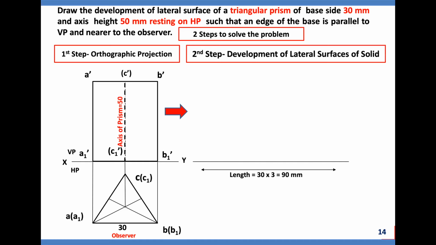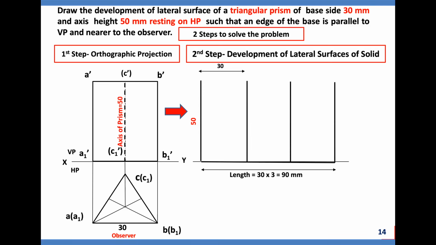We'll take the help of XY, draw a line. Here, side size is 30, the triangle has 3 sides, so 30 into 3 is 90 mm. So on the construction line, restrict it to 90 mm and draw the vertical line which is equal to 50 mm. Then 30, 3 times because it's a triangular prism.